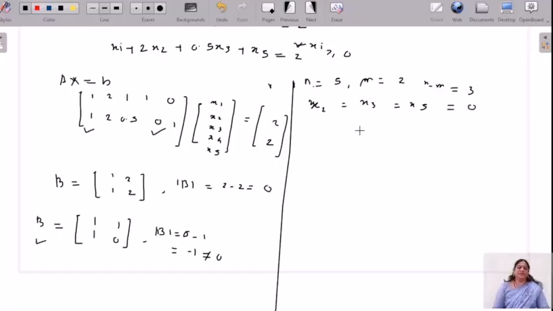If x2, x3, x5 are equal to 0, then consider the matrix 1, 1, 1, 0 and our variables x1 and x4 equal to 2, 2.